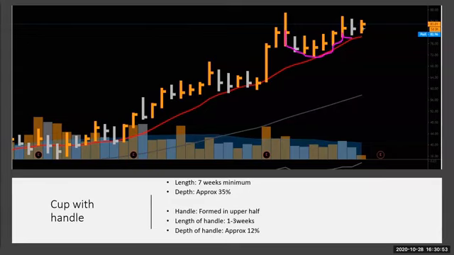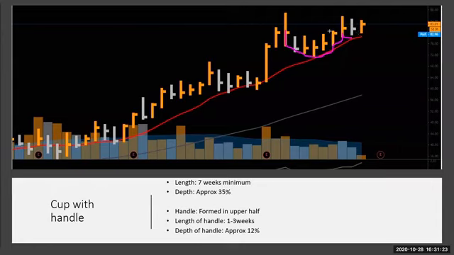The length of the handle should be anywhere between 1 to about a maximum of 3 weeks. And it really depends upon the length of the cup shaped part, that U-shaped part. So for example, let's say that you have a 7-week cup with handle. You would probably have a 1-week or maybe a 2-week long handle.